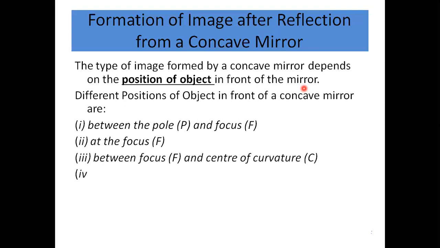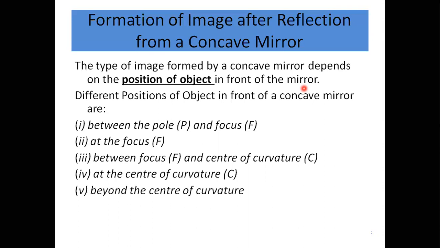Fourth, at the center of curvature of the concave mirror. Fifth, beyond the center of curvature of the concave mirror. And last, the sixth, at infinity. So these six positions of the object can be there, according to which we have to analyze the formation of image.